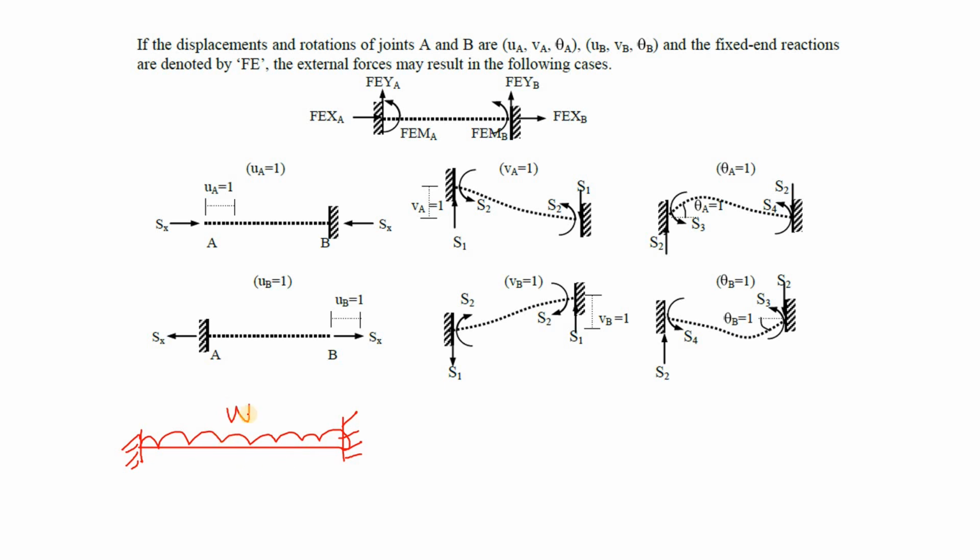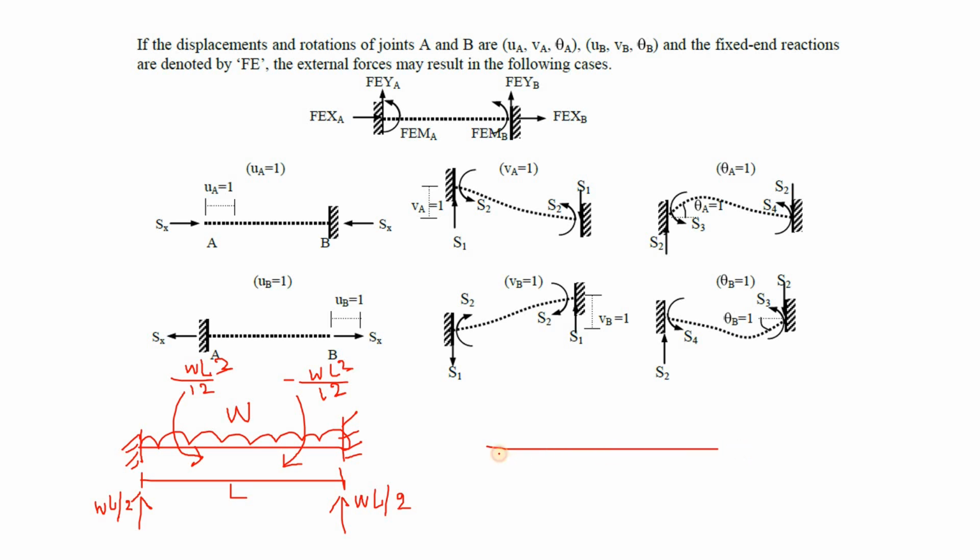So if there was a uniformly distributed load W and the length of the member was L, then the reactions here would be WL by 2, and here also we're going to have another WL by 2, whilst the moment reactions here and here would have been minus WL squared by 12, and here it would have been WL squared by 12.